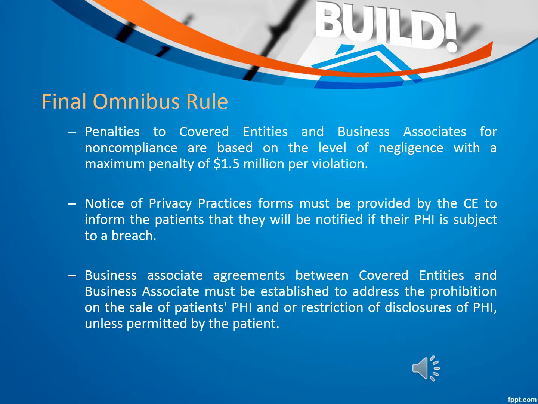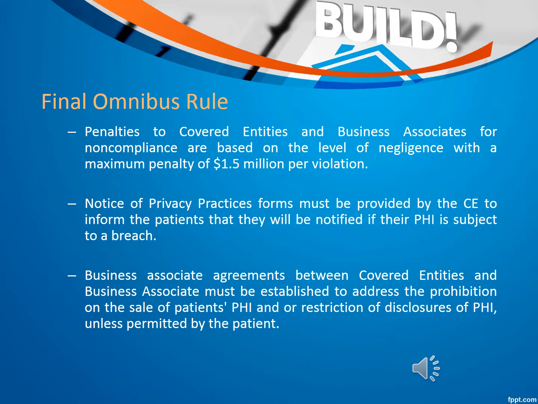Further on the omnibus rule, penalties to covered entities and business associates for non-compliance are based on the level of negligence, with a maximum penalty of $1.5 million per violation. Notice of privacy practices forms must be provided by the covered entity to inform the patients that they will be notified if their PHI is subject to a breach.